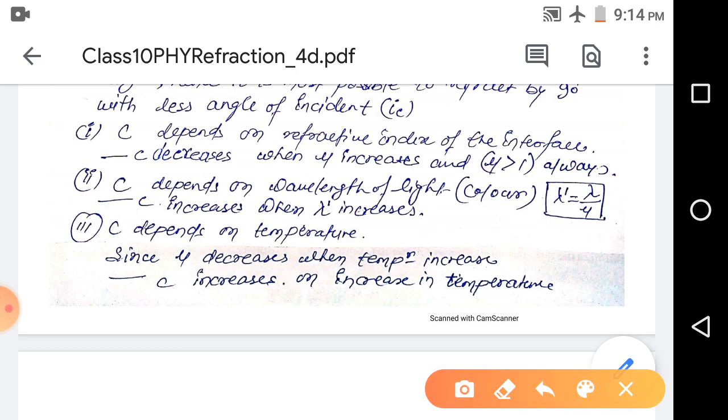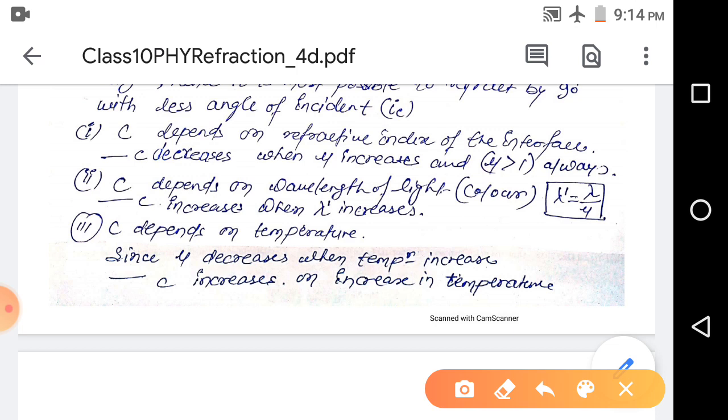So if wavelength increases, that means the refractive index decreases. So as the refractive index decreases, C increases. So C increases with a decrease in refractive index, which causes an increase in wavelength. So finally we can say that C increases when the wavelength increases.